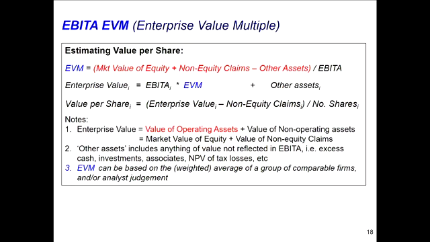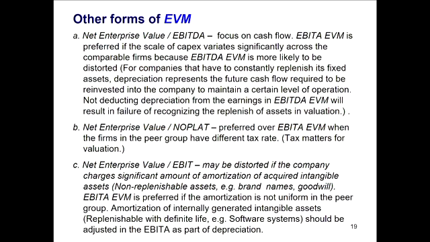So it's somehow in the middle. Some analysts and practitioners argue that we prefer using EBITDA in the enterprise value multiple because it's earnings before depreciation. We don't want to count the non-cash expense in your earnings figure.